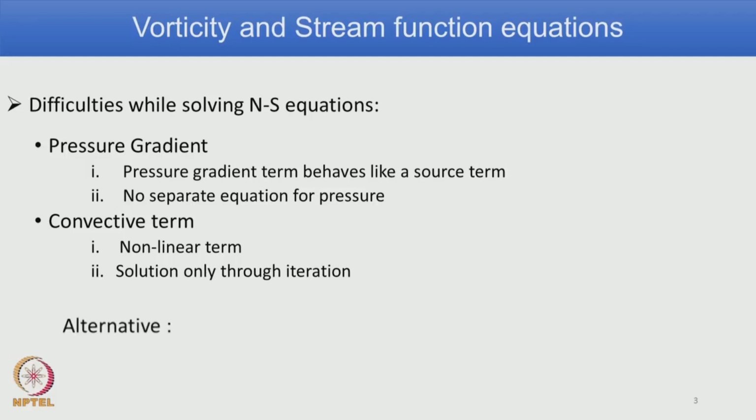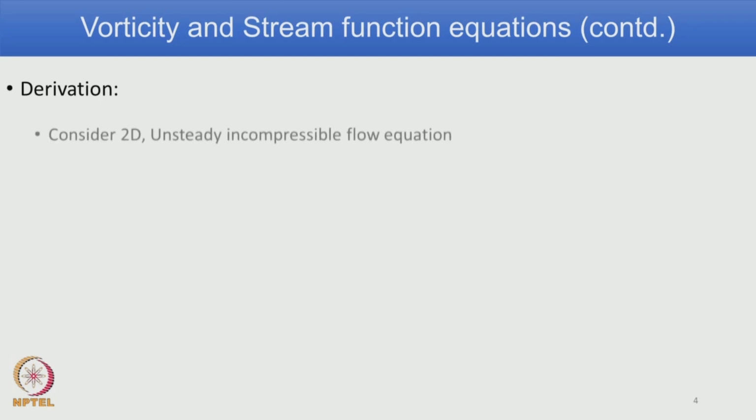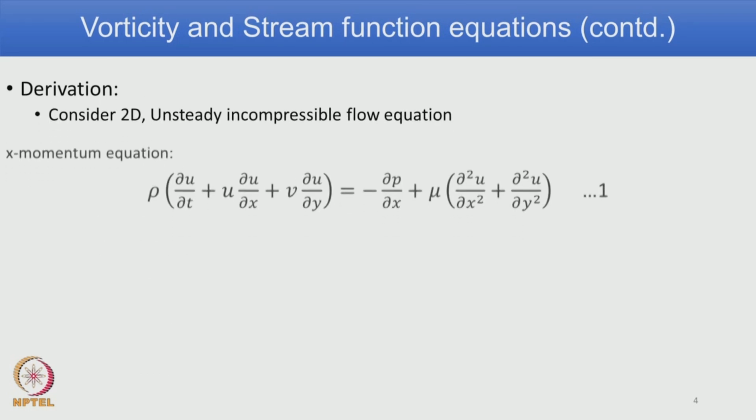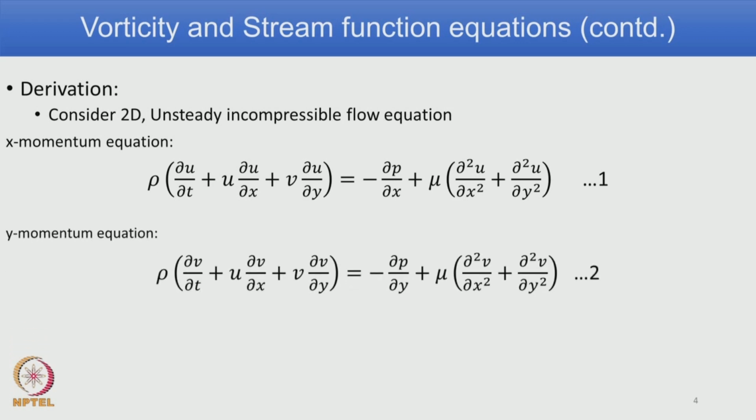So alternatively we have to devise an equation in such a way that there is no pressure term, and see whether we can remove or rewrite the nonlinearity in the convection term. Towards that we first take the 2D unsteady incompressible flow situation, the 2-dimensional Navier-Stokes equation.